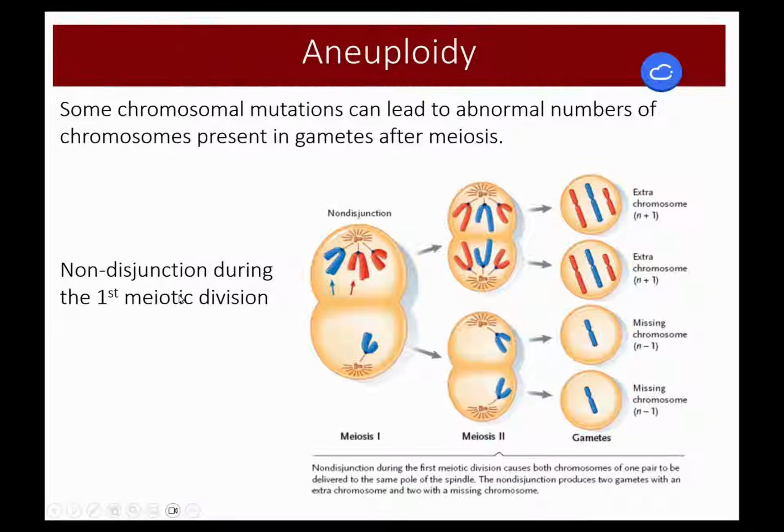It happens when there is a non-disjunction event. Non-disjunction means when the sister chromatids are not separated properly or the homologous pairs are not separated properly, and an extra chromosome ends up in one cell and one cell gets one less chromosome. That's a non-disjunction event, improper separation of chromosomes.